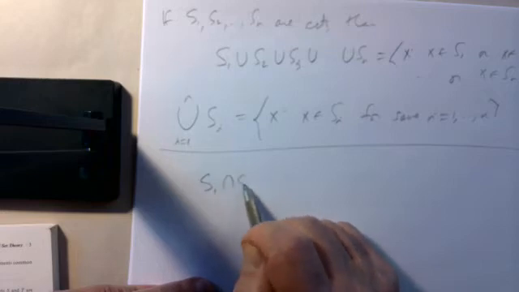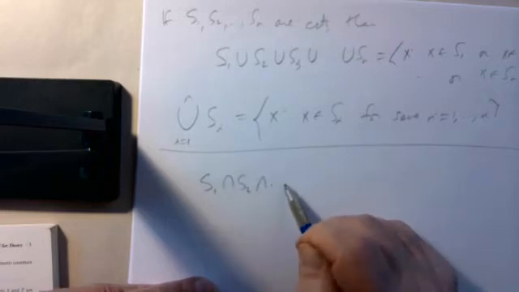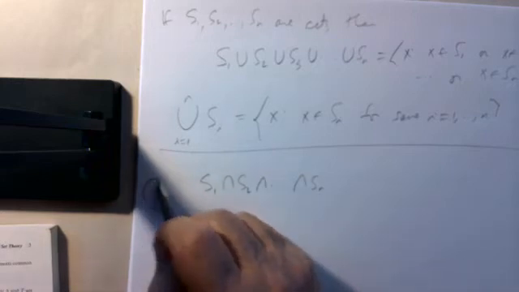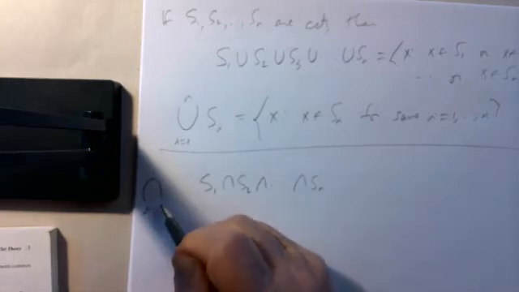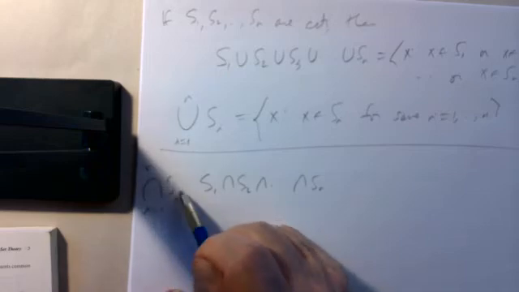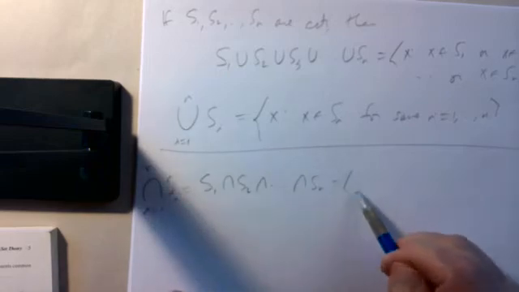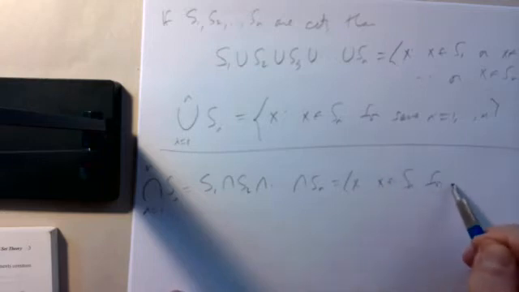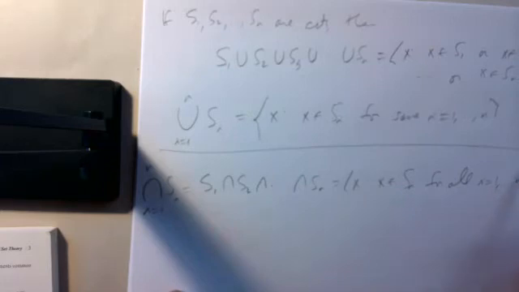Similarly, the intersection of two or more sets, which we can write like this, or as big intersection, i goes from 1 up to n, S sub i, is all x such that x is in S sub i for all i going from 1 up to n.